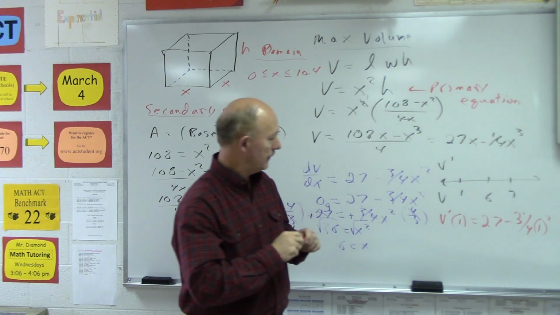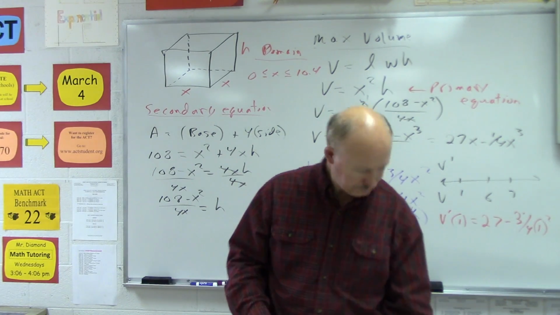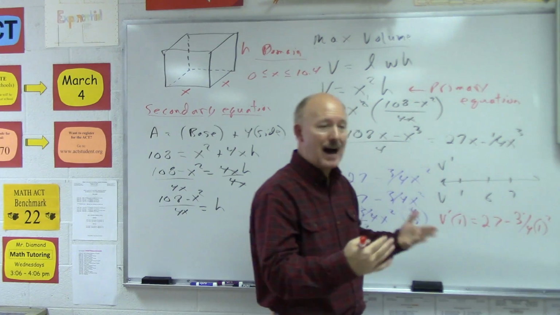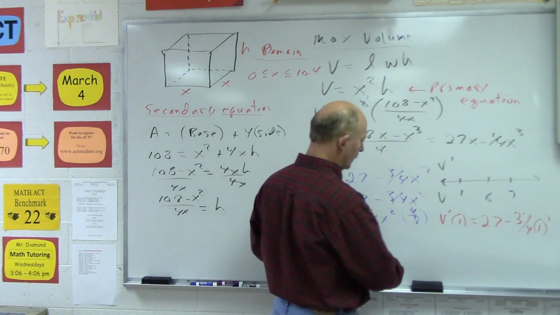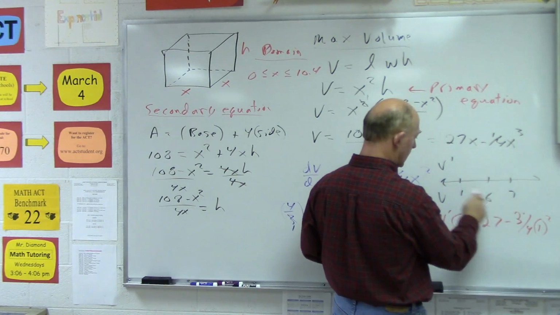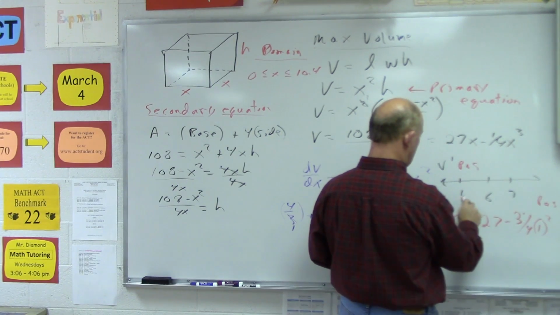Now, remember what we said about the first derivative test, the actual number doesn't matter. What really matters is that this will be 27 minus 3/4, that's going to be a positive number. So if you look at what's happening here with our derivative, it's going to be positive. So this is going to be positive here and increasing.